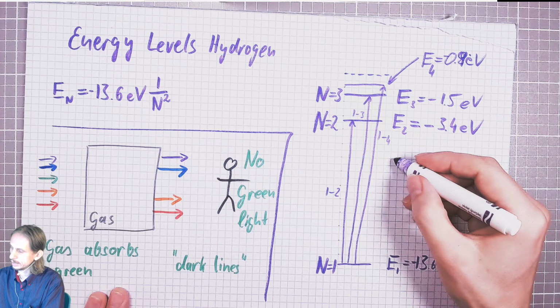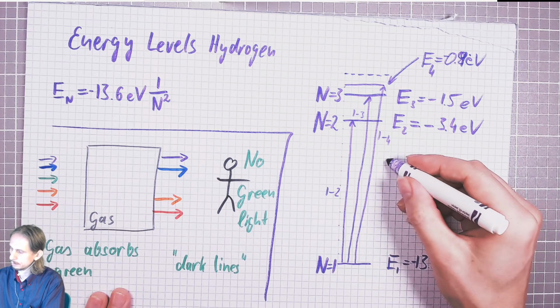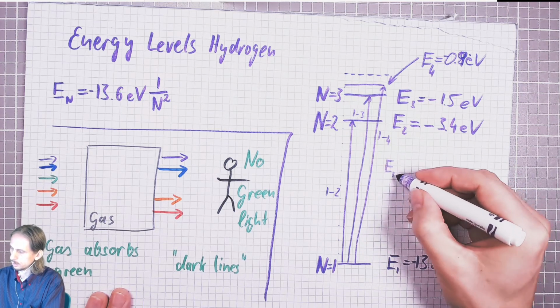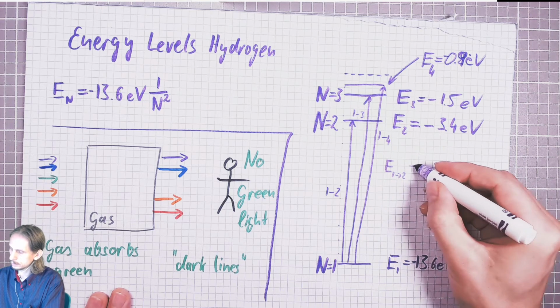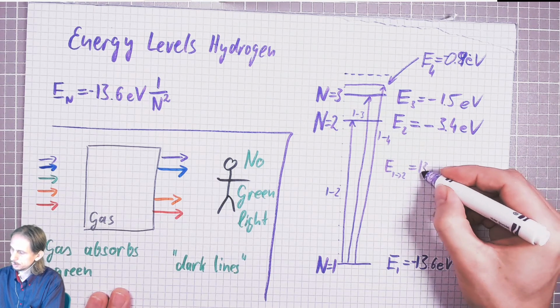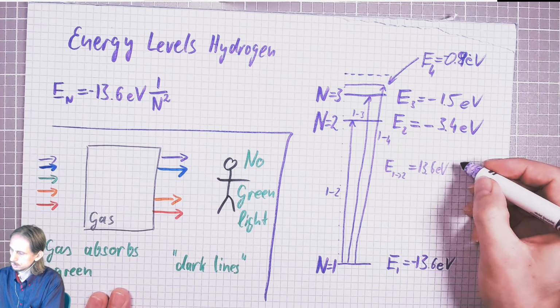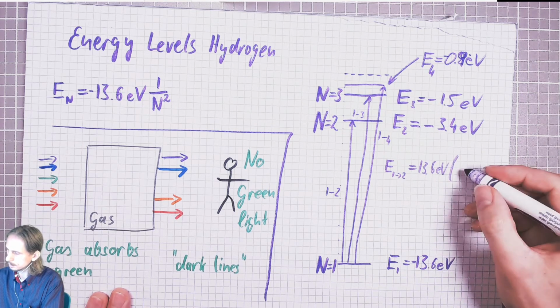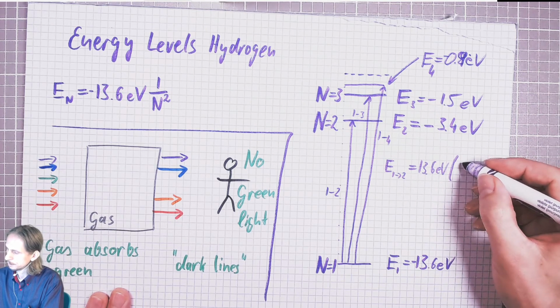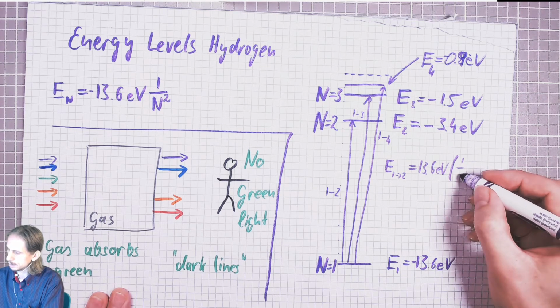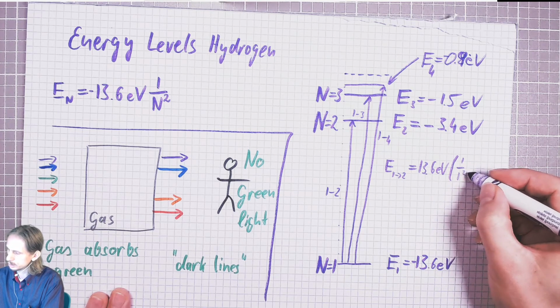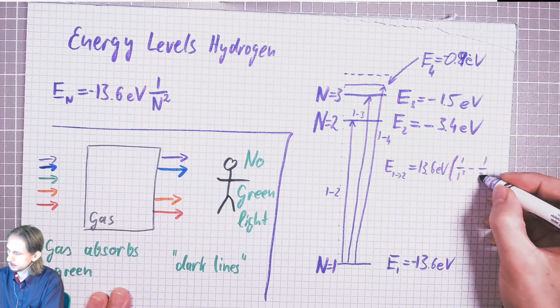We can calculate these. So if we wanted to know what E 1 to 2 is, that would be 13.6 electron volts times 1 divided by 1 squared minus 1 divided by 2 squared.